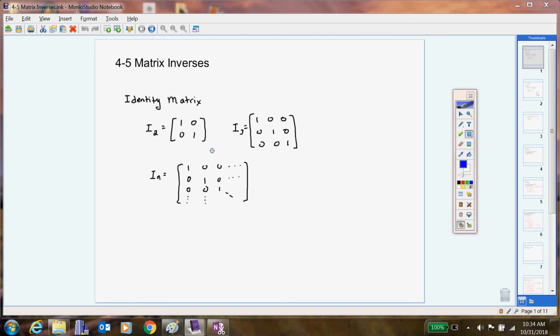So 1s go from upper left to lower right, and even if it was a bigger matrix, it'd be 1s all the way down diagonally and 0s in the other places. So that's called an identity matrix, and hopefully it'll make sense soon why we need an identity matrix.